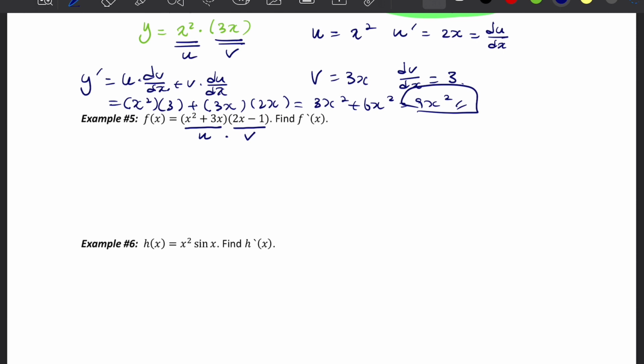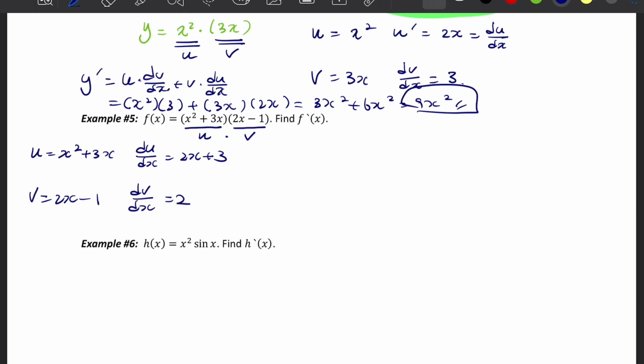The first thing you always have to do is find the derivative of each function. So u is equal to x squared plus 3x, and du over dx is 2x plus 3. v is 2x minus 1, and dv over dx is 2.